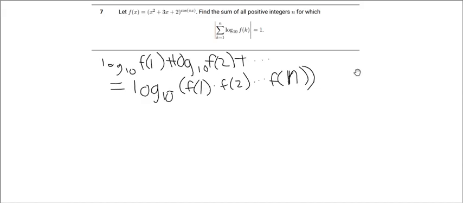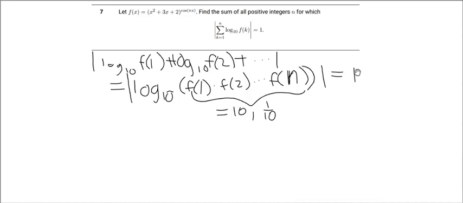So that's what we're going to take the absolute value of, and we want this to equal 1. If we want this to equal 1, then that means that our inside has to be either 10 or 1 over 10. Because if it was 10, that would give us 1, and if it's 1 over 10, that would give us negative 1, and you're taking the absolute value of that.